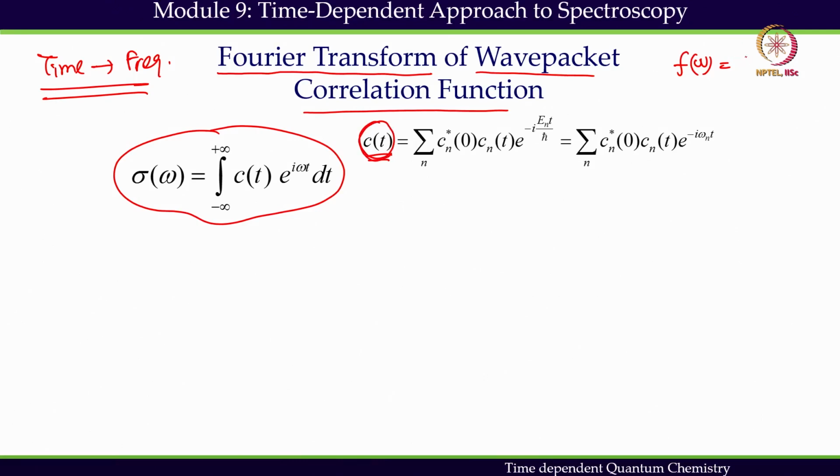If we consider f(t) to the power minus i omega t, then the inverse Fourier transform would be e to the power plus i omega t.